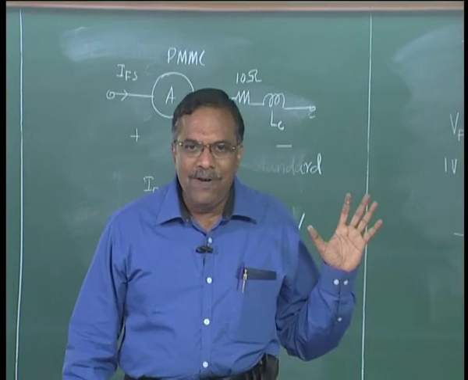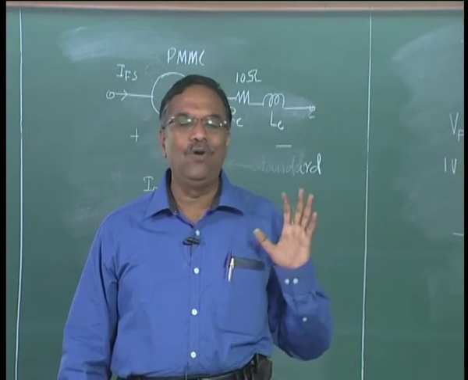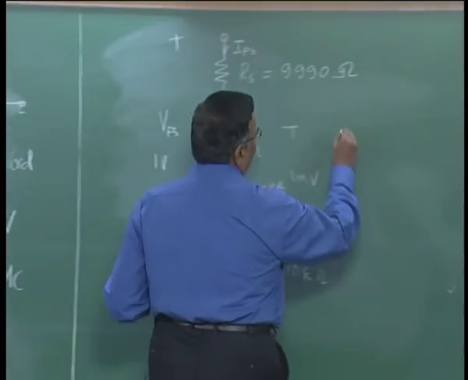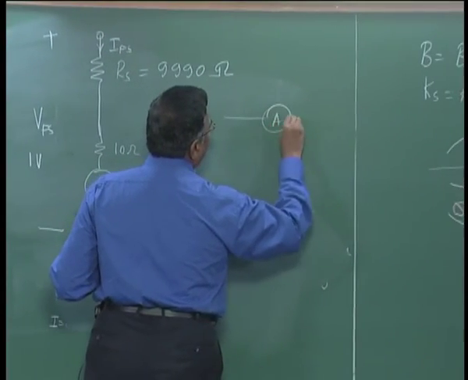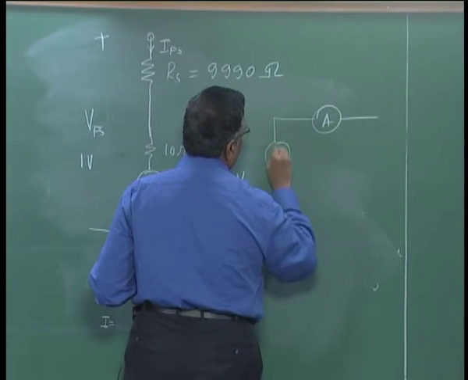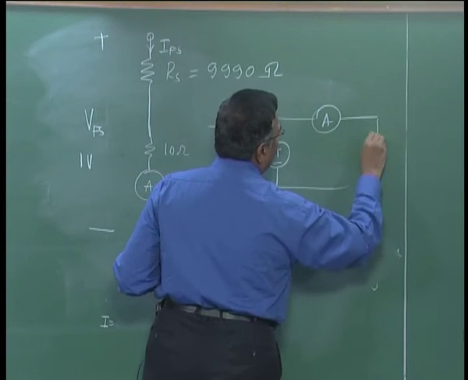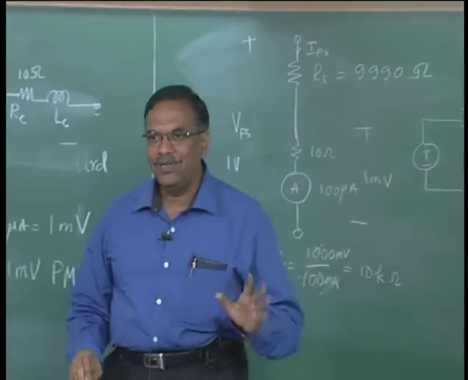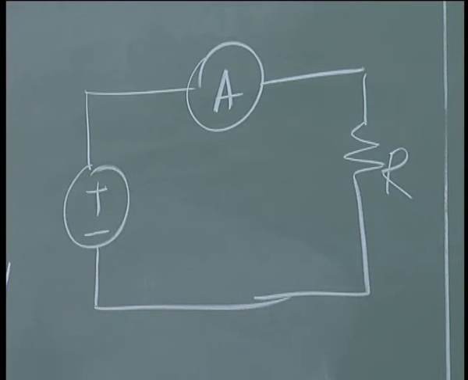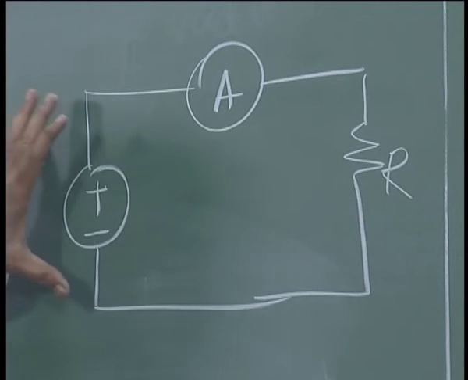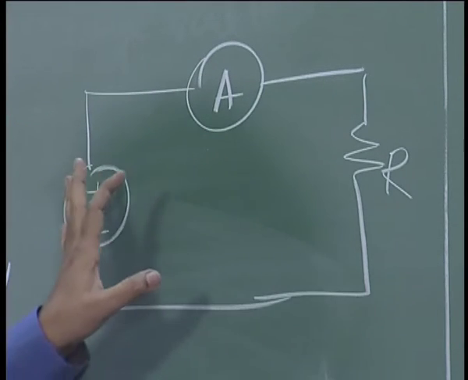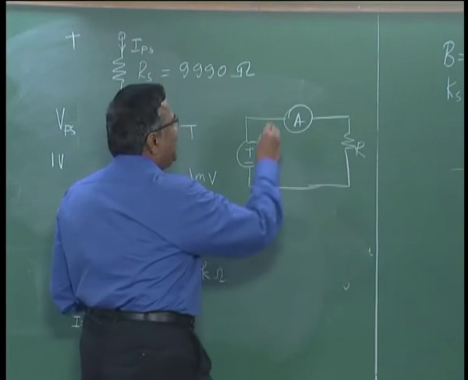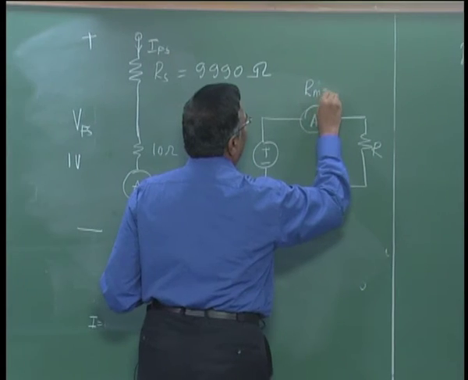And if I look at an ideal voltmeter and an ideal ammeter, because I am going to put it in my circuit, let us say this is my voltage source, this is my resistance, we are talking about DC, so only resistance, I am not including the impedance here, right, and the ammeter should not disturb the circuit because I am measuring the current. So for an ideal ammeter, the meter resistance must be 0.